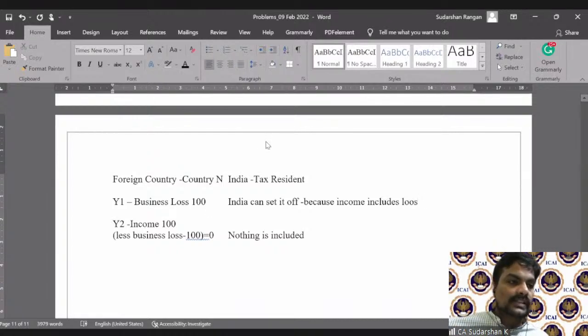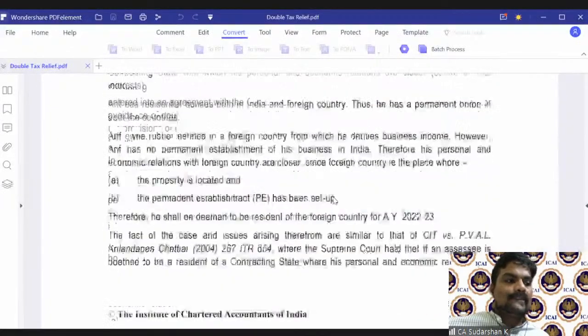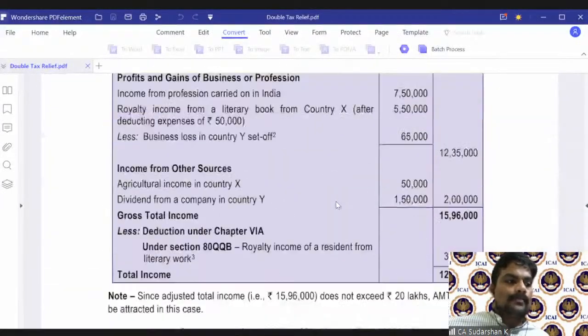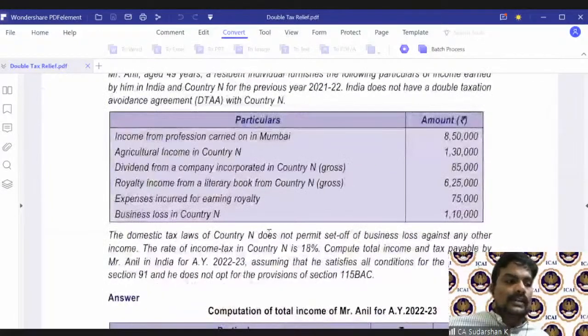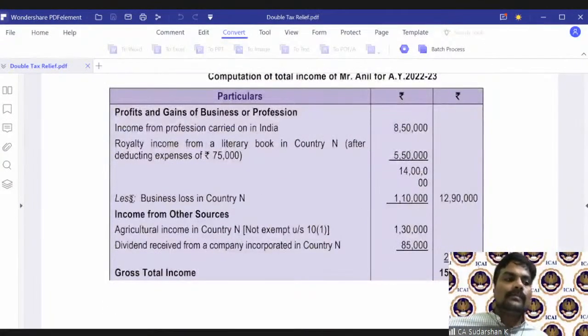If you go to question 9, they would have given a set off. The point you are raising, Kaushini, is that because the country does not permit set off against any other income, the loss that you have, you are absolutely entitled to bring into India and set off.